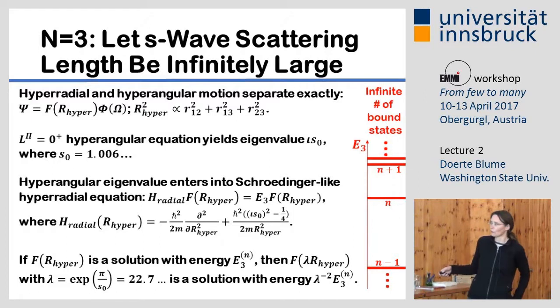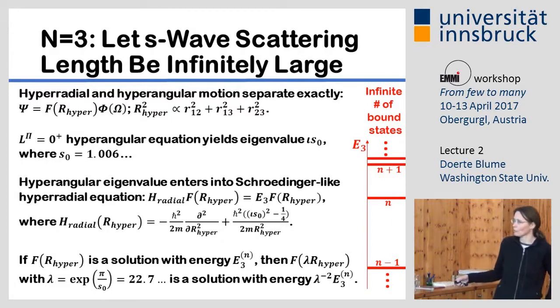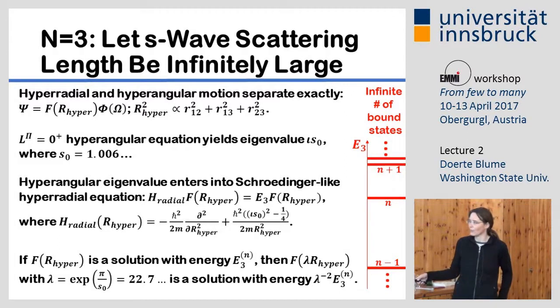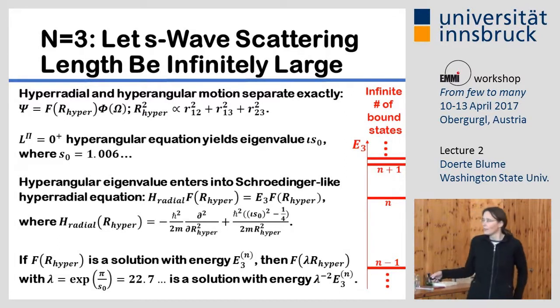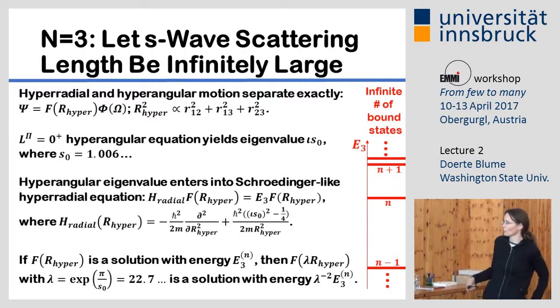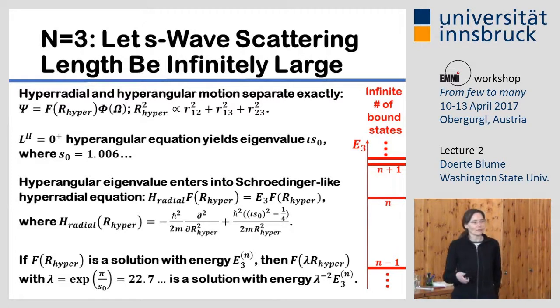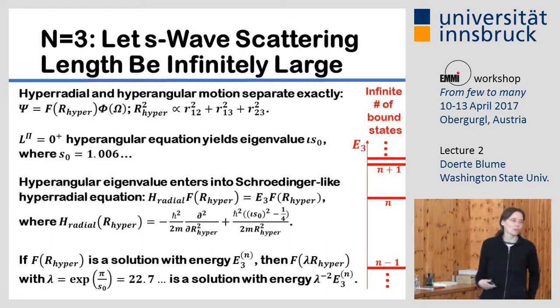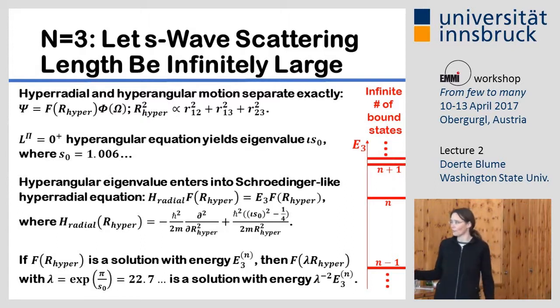So if we take a solution with an energy of E_3^n, then we can scale the solution by a factor of 22.7, which is given by this s_0 value. And we find a new solution that has an energy that's lambda squared smaller than the energy we started with. So in this infinite ladder of states, the energy levels are spaced by a factor of 22.7 squared.